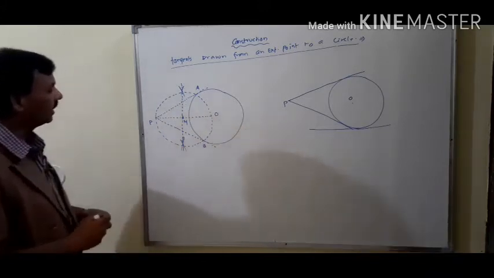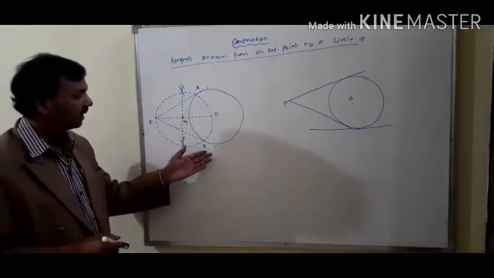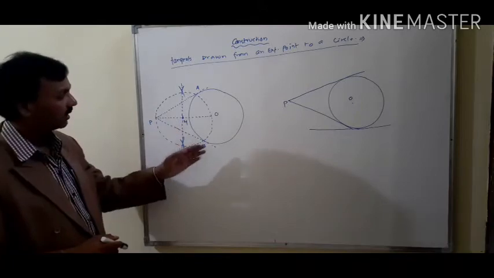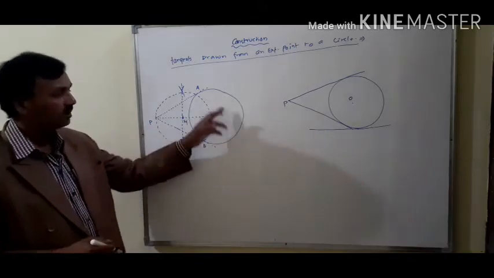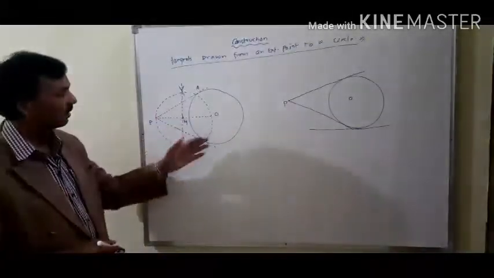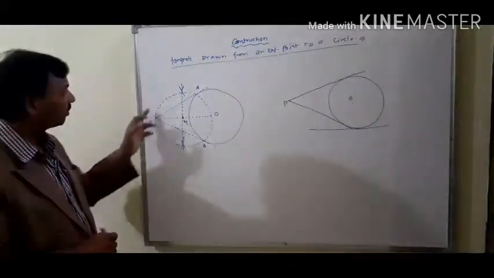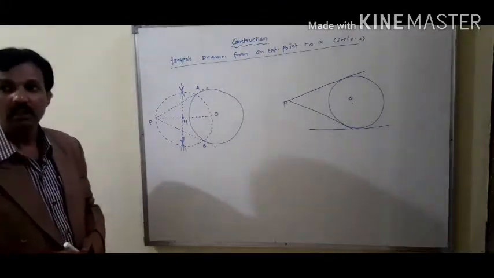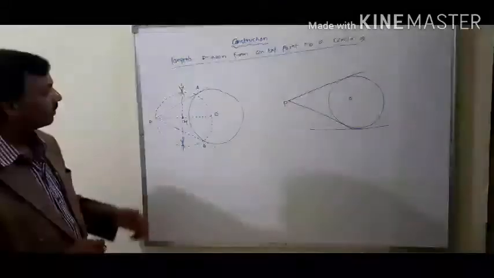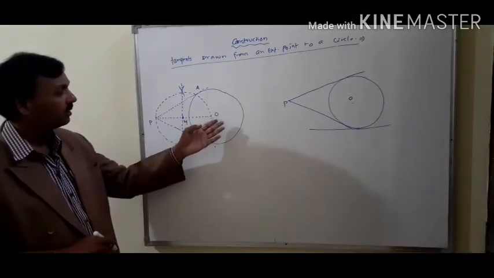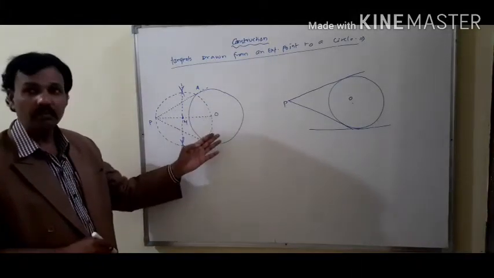Now you can see that the lines PA and PB touch the original circle at one and only one point. Therefore, PA and PB will be tangents to the given circle.